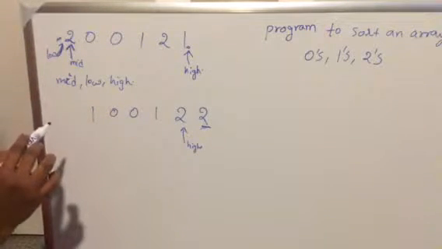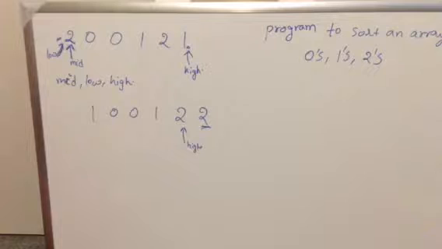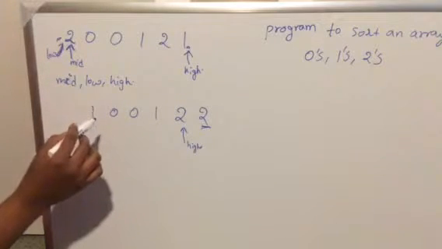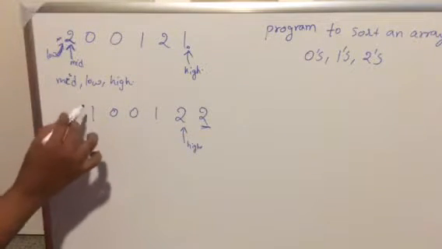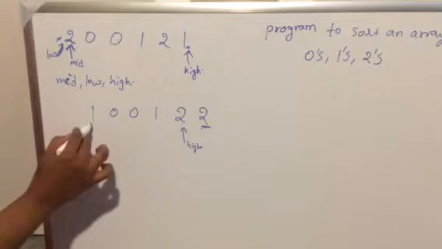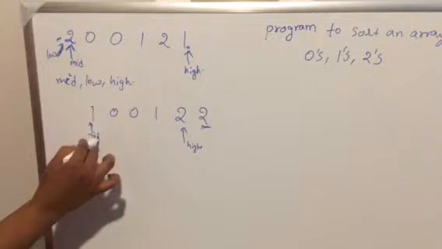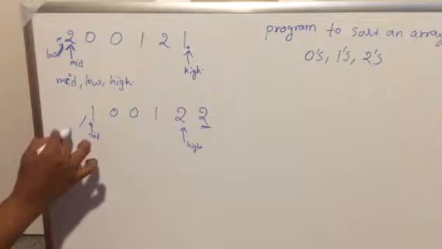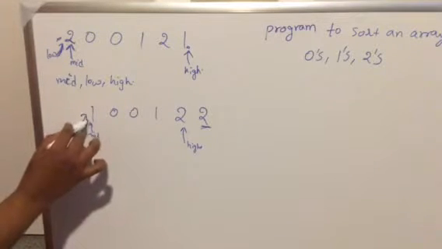If the mid pointer is 0, and this is mid, this part is not sorted, and low will stay here.